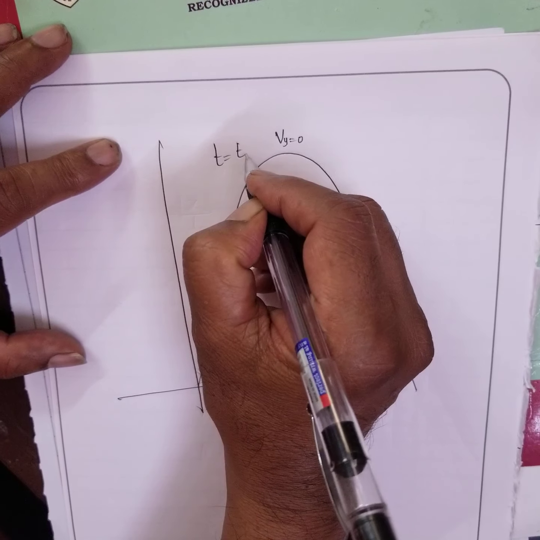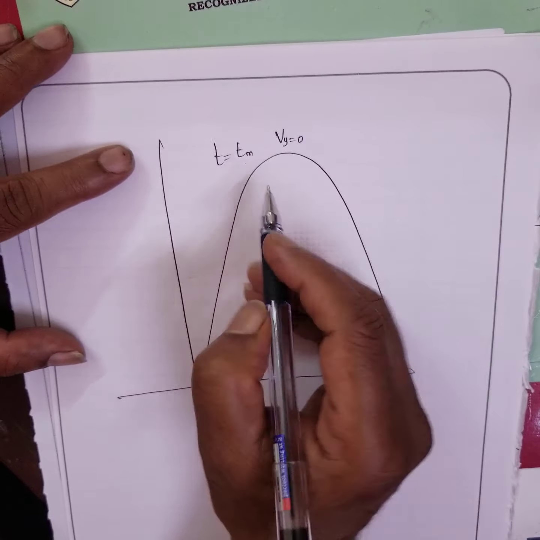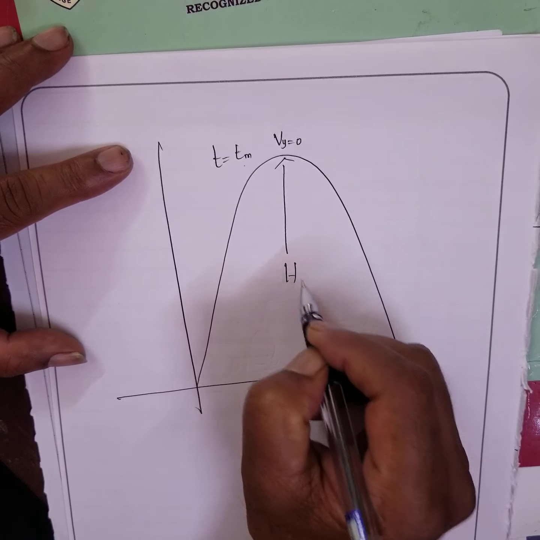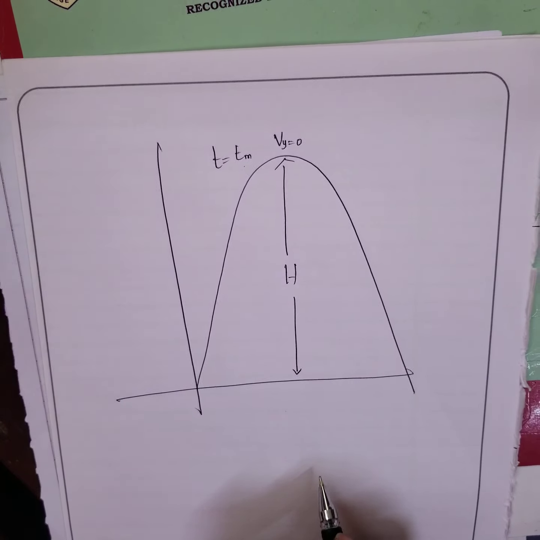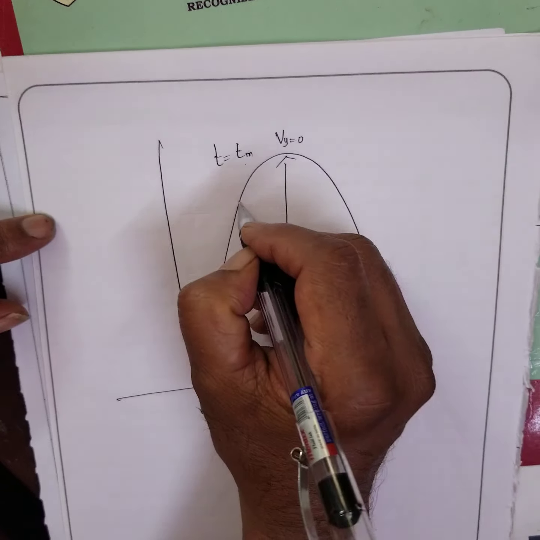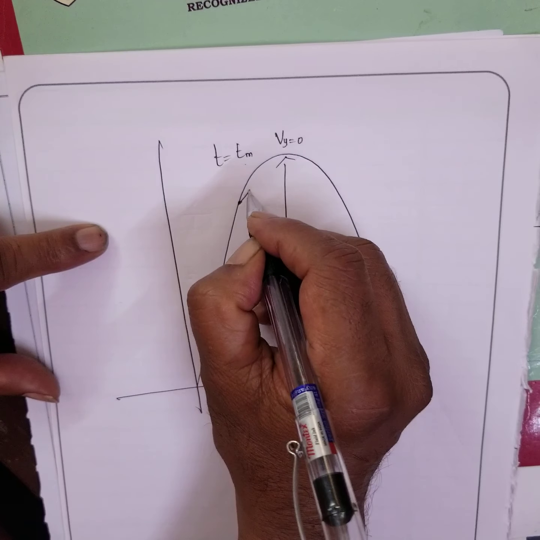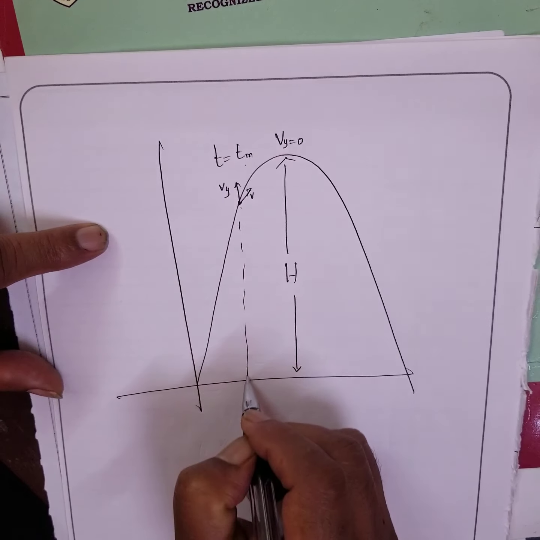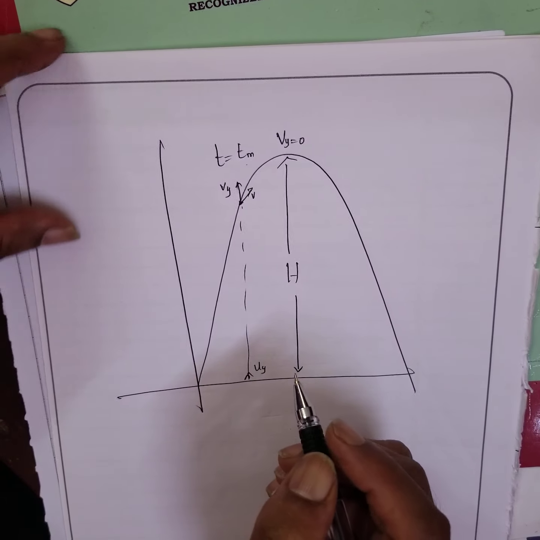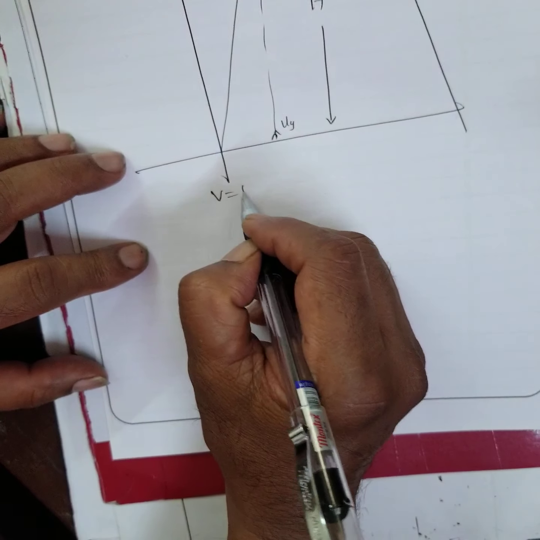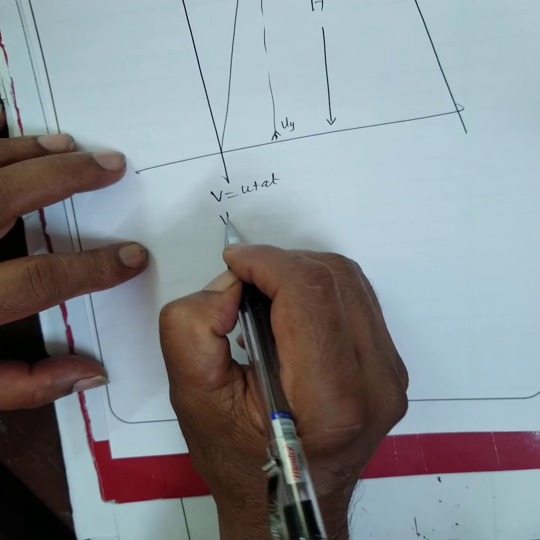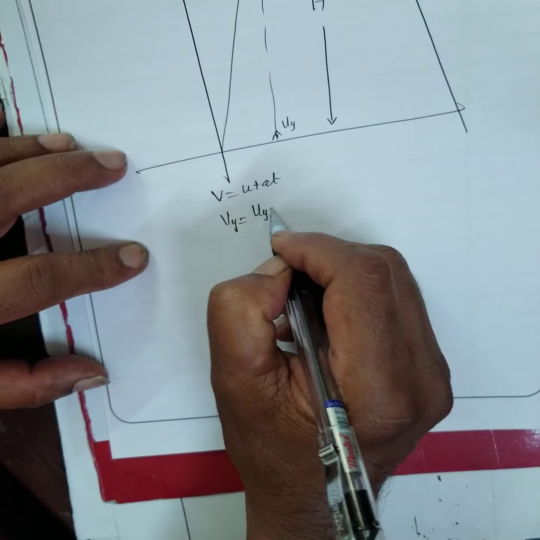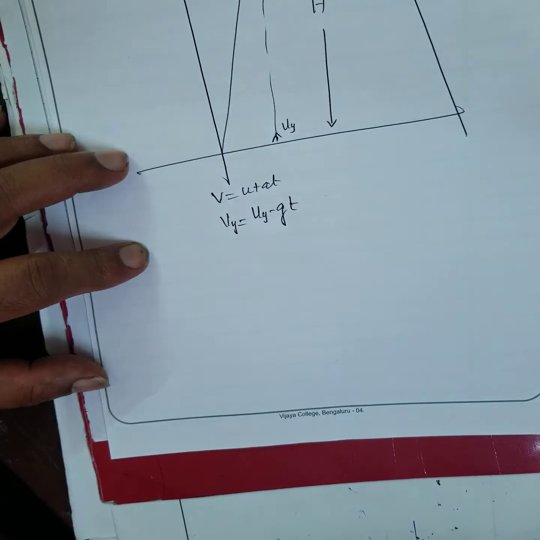T is equal to the time required to reach the maximum height h. In that case, what do I write? Here this is Vy, this is Uy. You know v is equal to u plus at, no? Vy is equal to Uy minus gt.